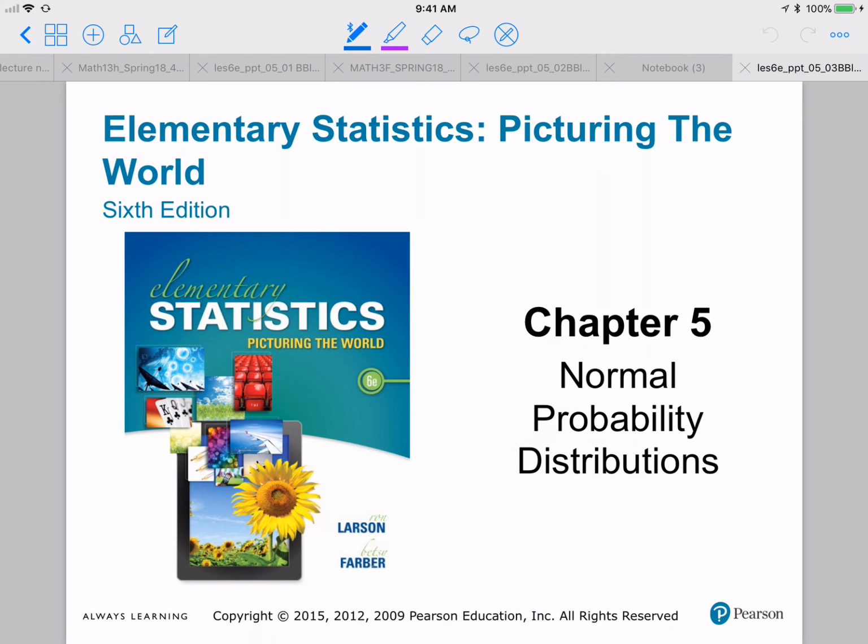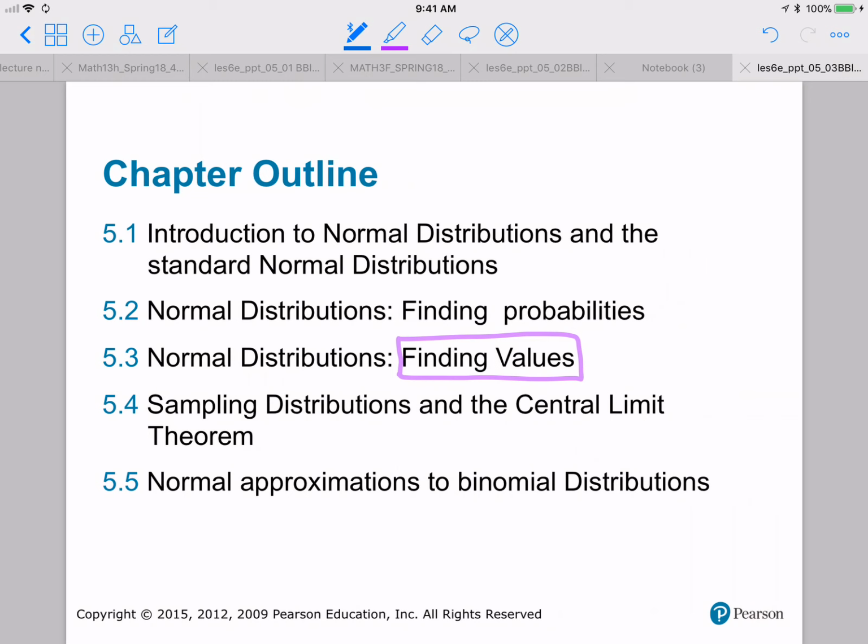We're continuing our study of Chapter 5 with normal probability distributions, and today we're focusing on finding values. This section is kind of the opposite of section 5.2, where we were finding probabilities. In 5.2, we were given an x value, and the question was, what's the probability that x is less than some value?